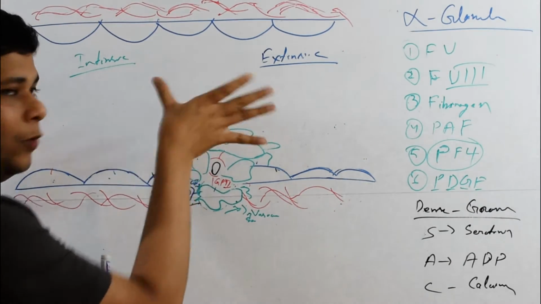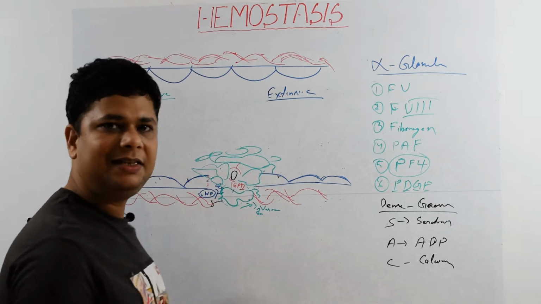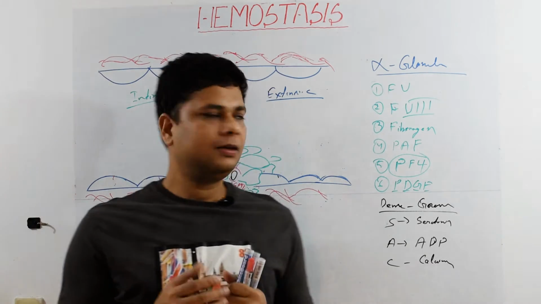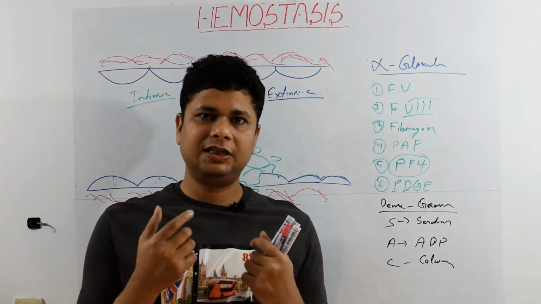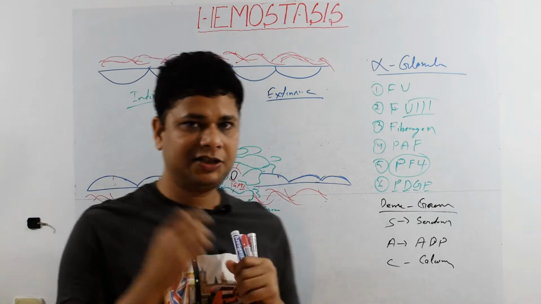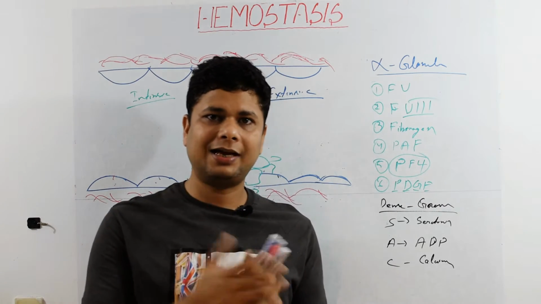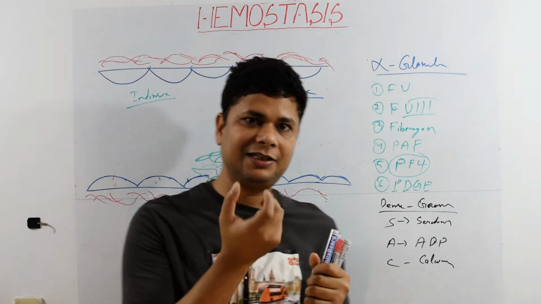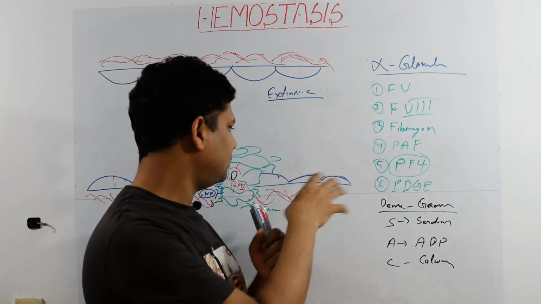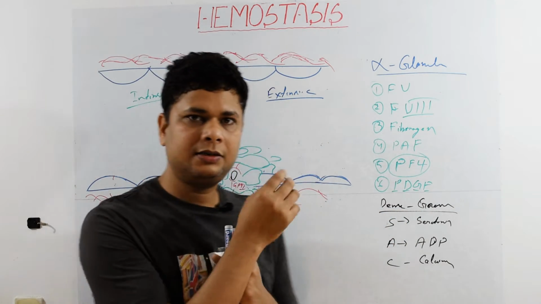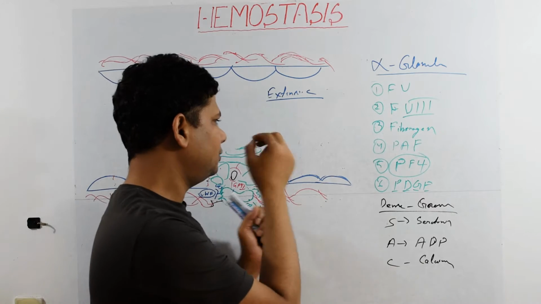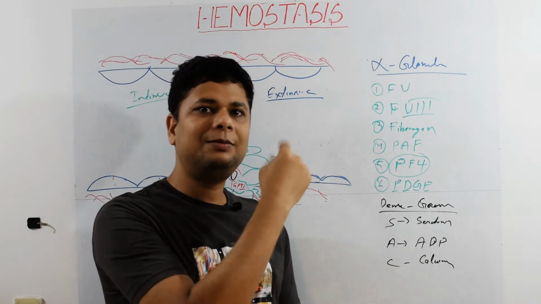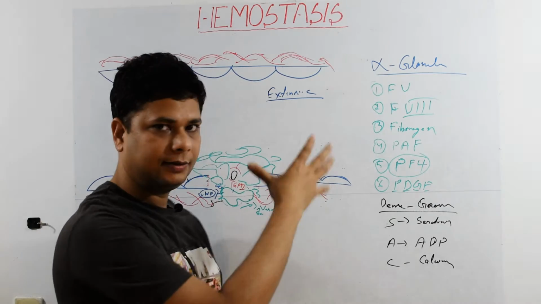So, what is the difference? Initially they did not know how this coagulation happens, so they named these extrinsic and intrinsic pathways based on their findings. First, they found that when they add tissue juice or tissue factors to the blood, it will make the blood clot.